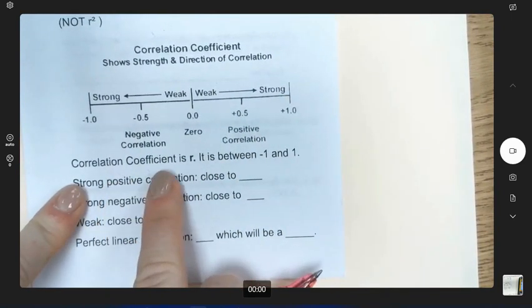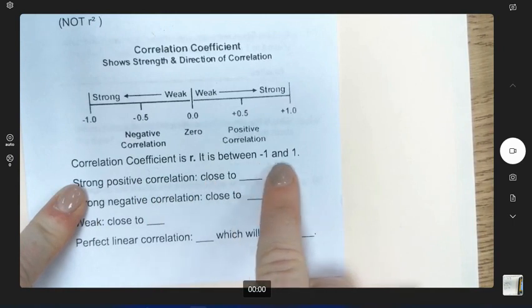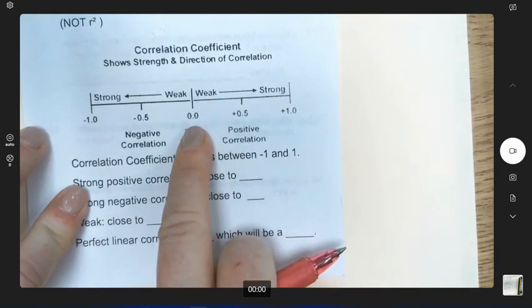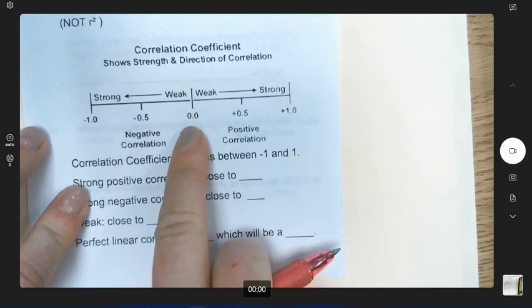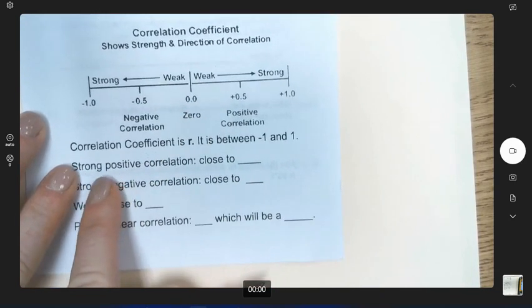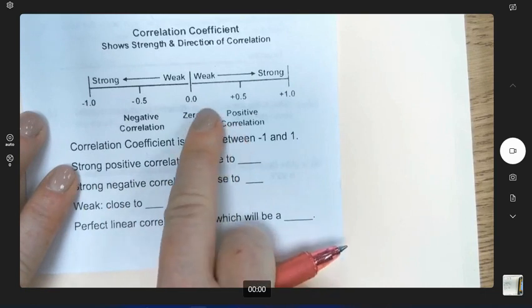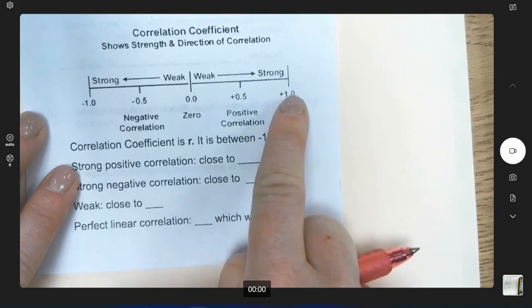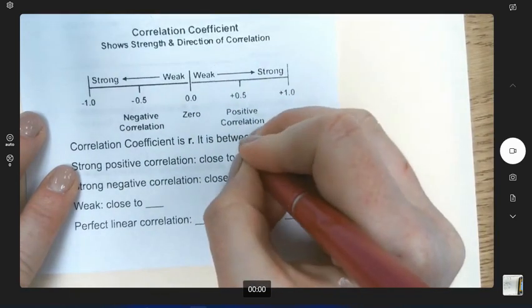So look at 0. If your R value is 0, then it is a zero correlation, a no correlation. It's like a scatter plot that's all over the place. Strong positive: anytime your R is plus, it's a positive number. Strong means it's close to 1.